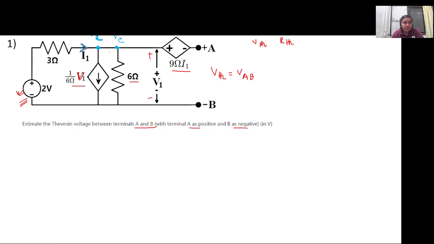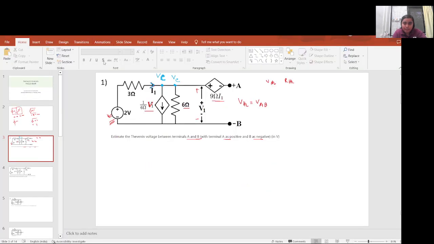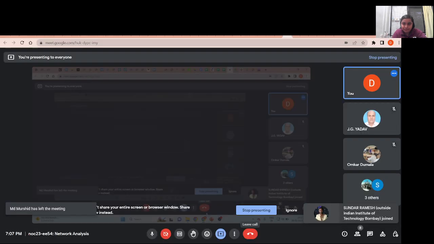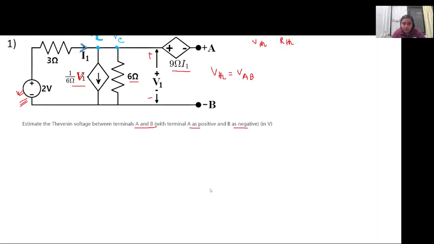This is the VC itself. Now if we apply KCL at the node C, so applying KCL at node C.